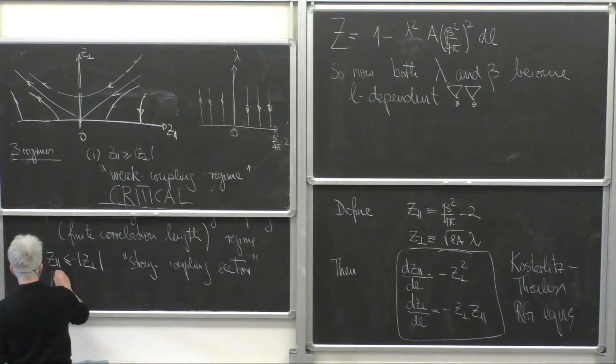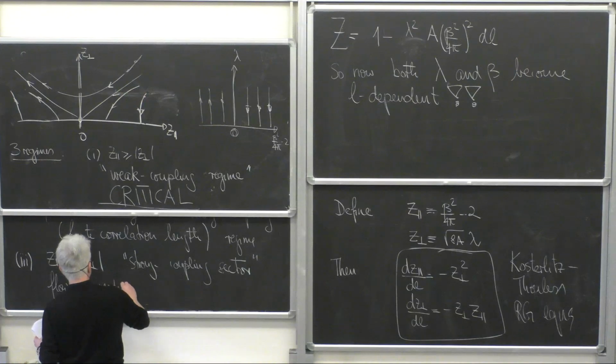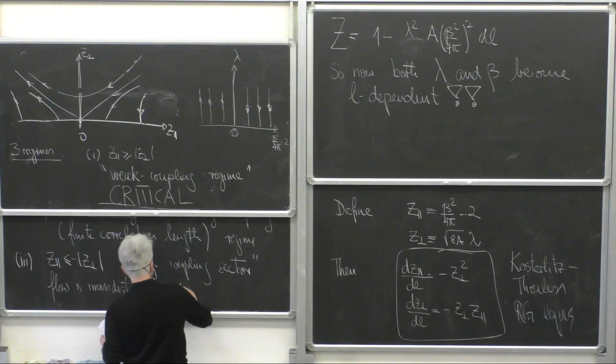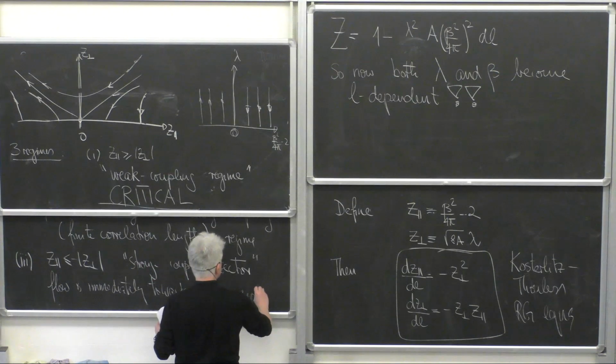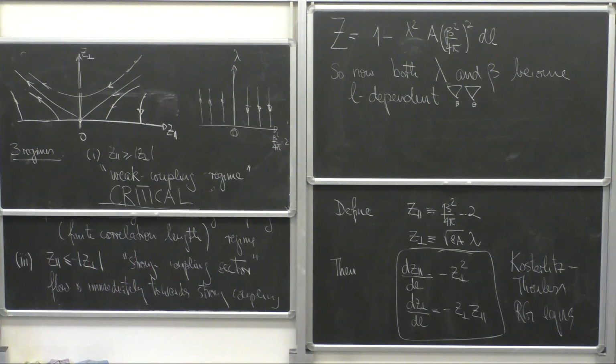And so here the flow is immediately towards strong coupling. Yeah, so you have a finite correlation length, but what you can do now, which I'm not going to do because it would take me too much time, you can again estimate the correlation length in terms of your RG flow, and the results for the strong coupling sector and the crossover sector are different.